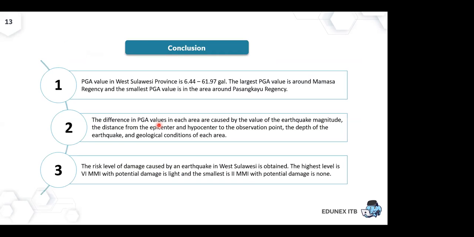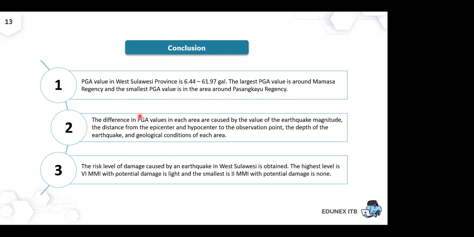Okay. Finally, there are 3 conclusions based on this research. The first one is the PGA value in West Sulawesi province is around 6.44 until 61.97 gal, where the largest PGA value is around Mamasa Regency, and the smallest PGA value is in the area around the Pasangkayu Regency.